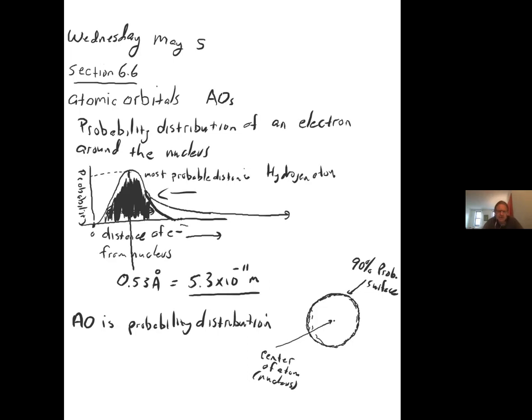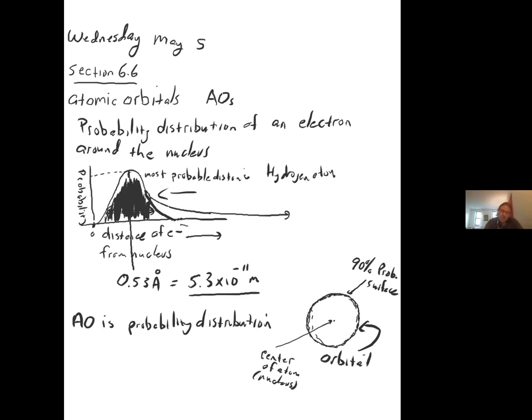For the most part, that works for us. We only need to know the most likely region of space it's in. And that space in there is a volume. I'm drawing it as a circle, but it's actually a sphere. It's three-dimensional. This is called an atomic orbital. So what we're claiming is the electron is in that orbital, in that space.